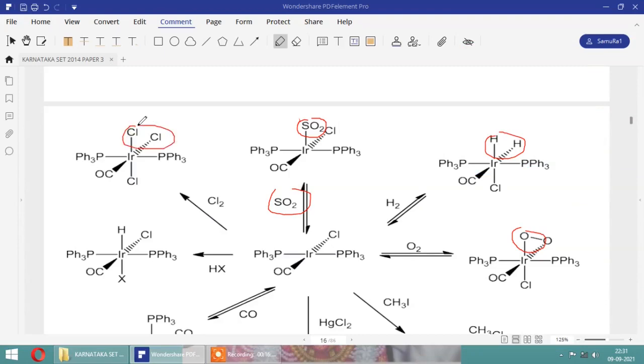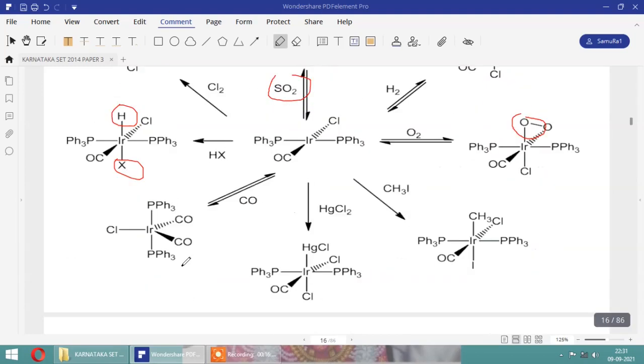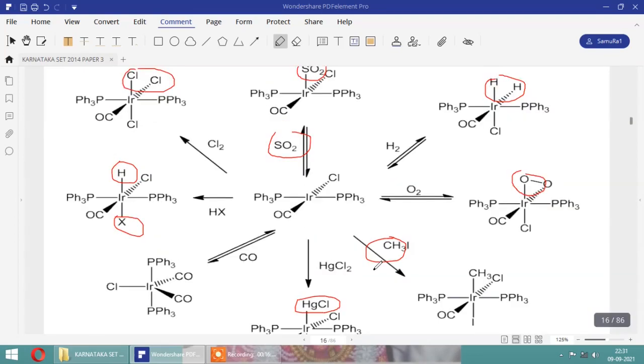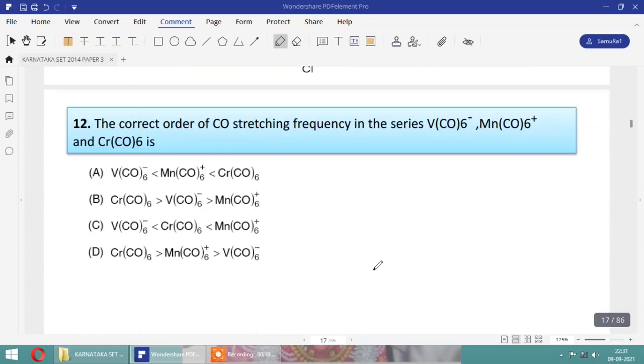Similarly chlorine, similarly HX, carbon monoxide will give the trigonal bipyramidal complex. HgCl2 will give HgCl, and CH3I we have already seen. So these are the reactions of Vaska's complex.